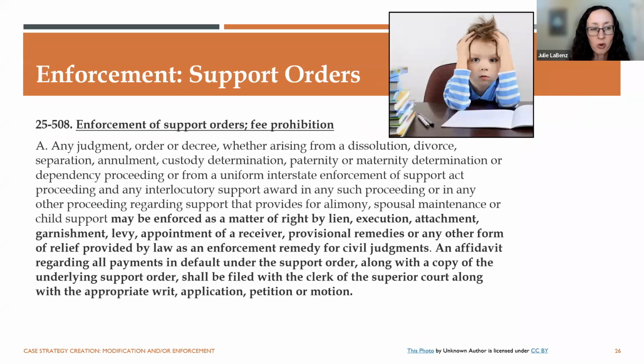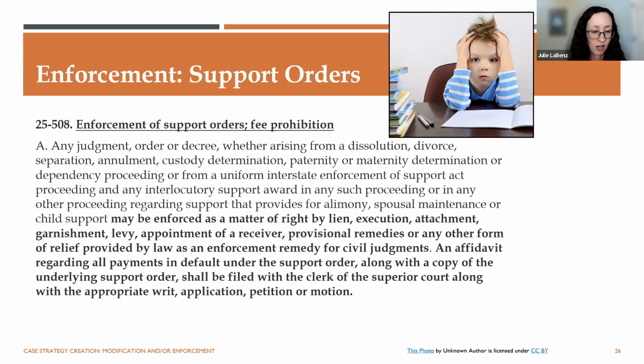How about support orders? We have 25-508A, and it says that any judgment, order, or decree, whether arising from a divorce, custody determination, or any other proceeding regarding support that provides for alimony, spousal maintenance, or child support, may be enforced as a matter of right by lien, execution, attachment, garnishment, levy, appointment of a receiver, provisional remedies, or any other form of relief provided by law as an enforcement remedy for civil judgments.